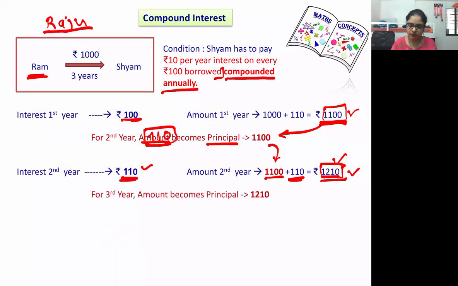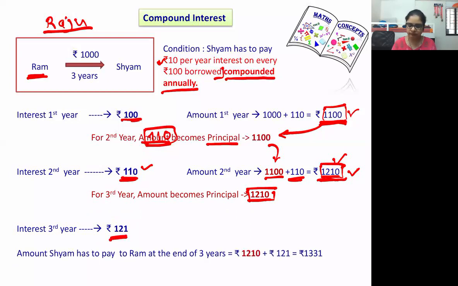So for the third year, again this amount becomes the principal. We calculate using the same rate of interest, but the principal this time changes to 1210, and the interest comes to 121 rupees.